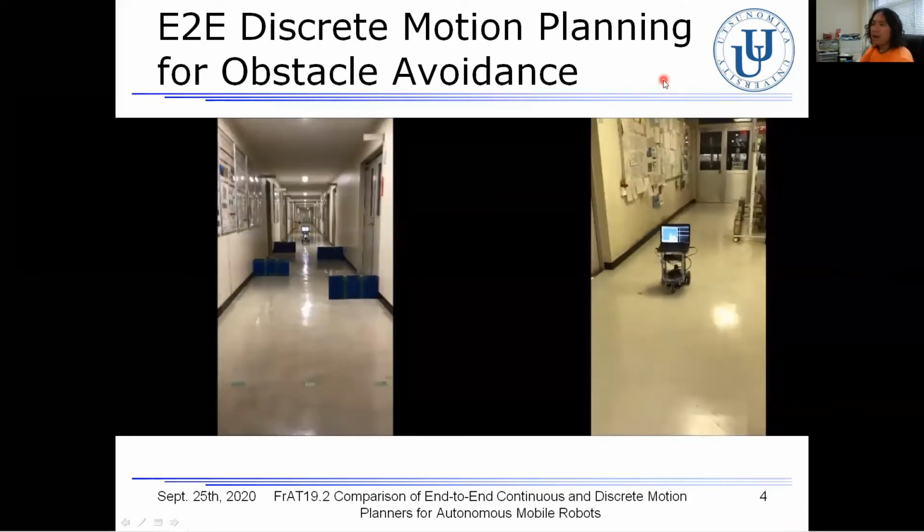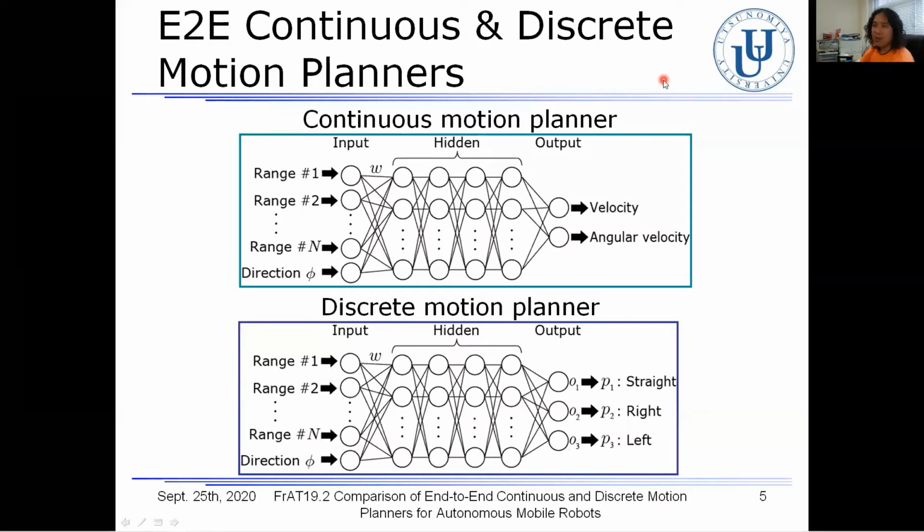So in this presentation, we further develop an E2E continuous motion planner in addition to the discrete motion planner and compare the navigation performance to each other. Here, the top figure shows a structure of the deep neural network used for the continuous motion planner, and the bottom figure shows the structure of the deep neural network used for the discrete motion planner.